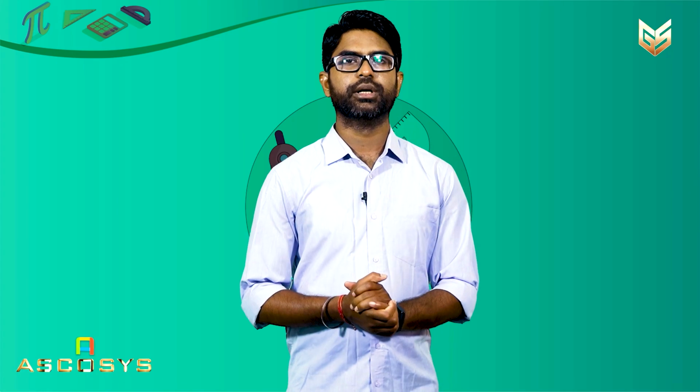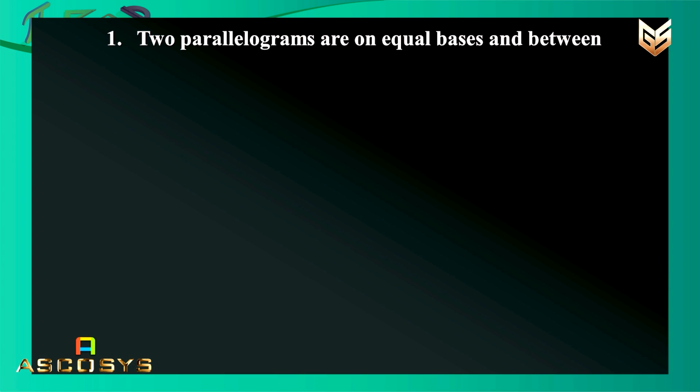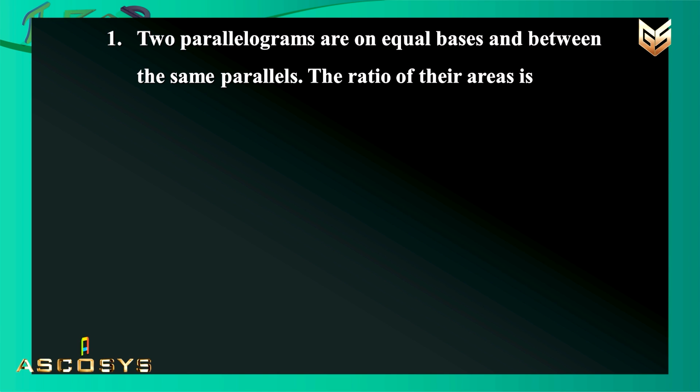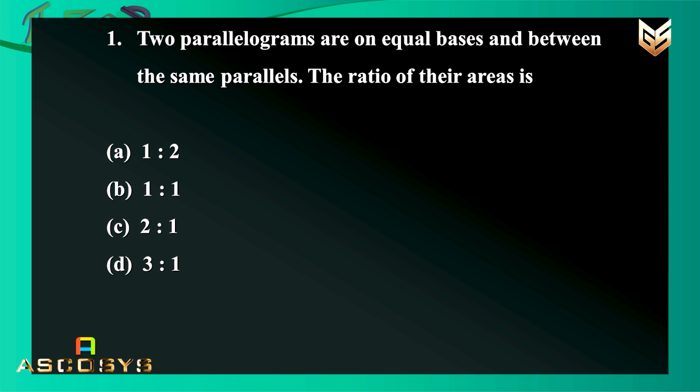First of all, MCQ number 1. Two parallelograms are on equal bases and between the same parallels. Then the ratio of their areas is option A 1:2, option B 1:1, option C 2:1 and option D 3:1.